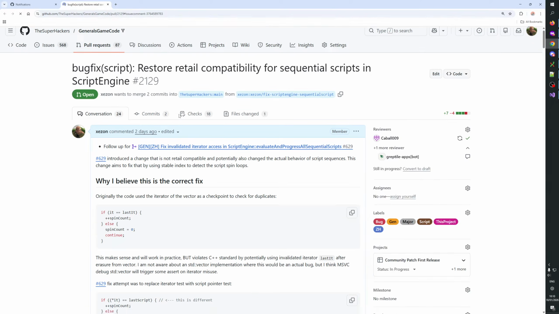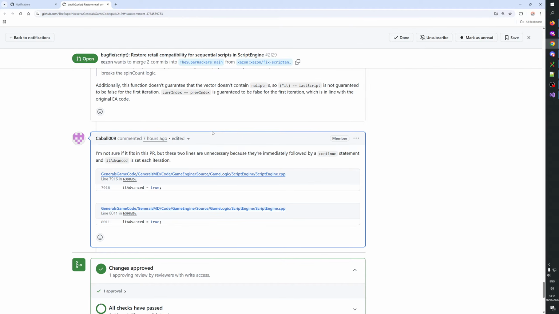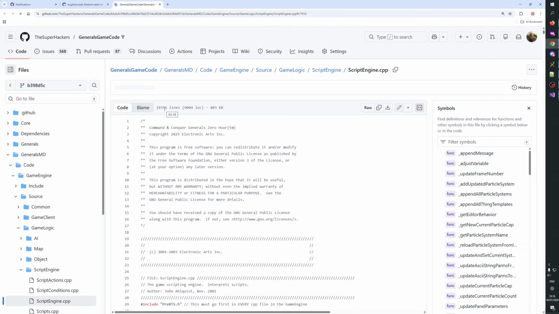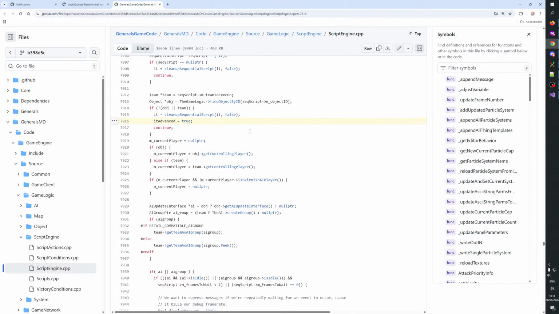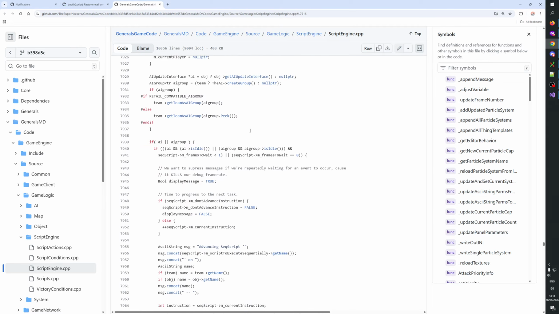Okay, what about this here? I'm not sure if this fits in this PR, but these two lines are unnecessary because they're immediately followed by a continue statement. And IT advanced is set each iteration. Oh, IT advanced, continue.